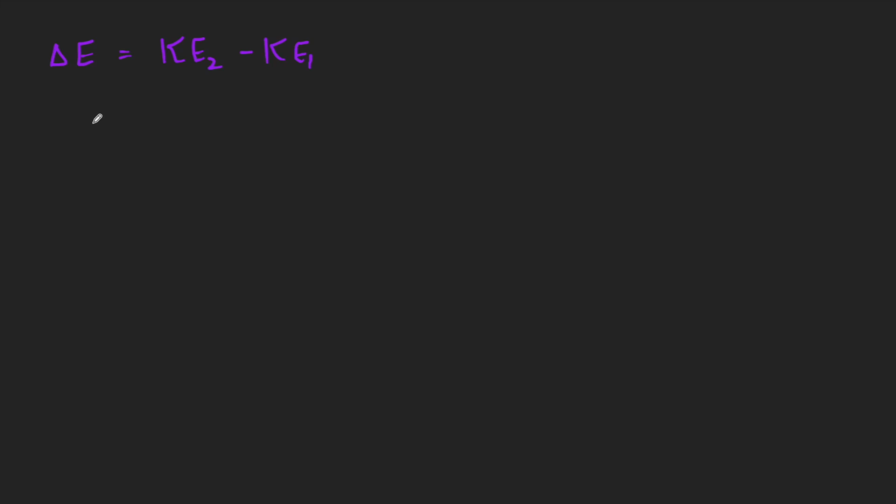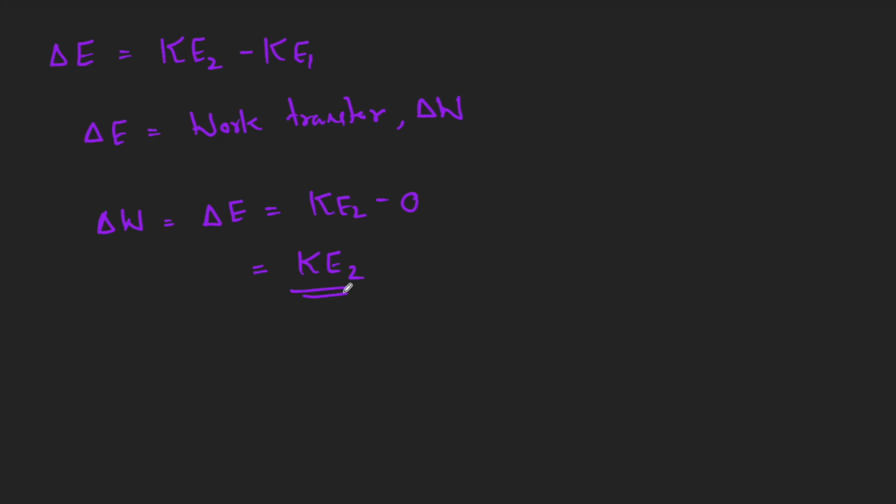So this delta E must be the work transfer, right? Work transfer delta W is equal to delta E, which is equal to KE2 minus 0. That is, work transfer is simply the kinetic energy at 2.